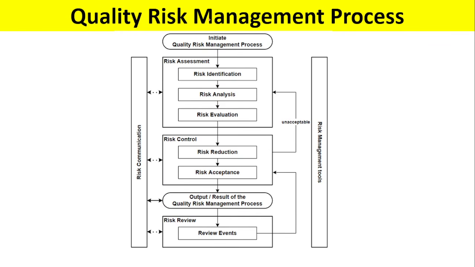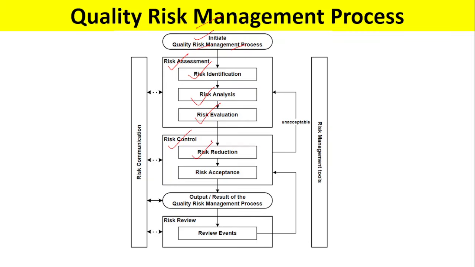So then what is the process of quality risk management? The process starts with initiating the quality risk management process, and the next step is risk assessment. So basically risk identification, followed by risk analysis, followed by risk evaluation. After the evaluation of the risk, risk control measures are implemented.